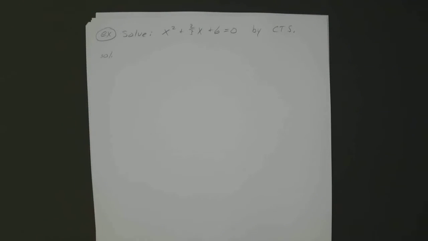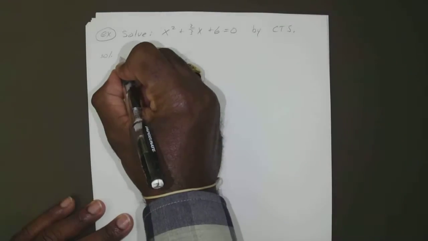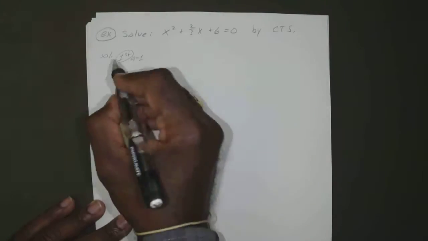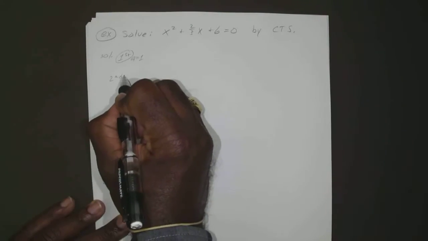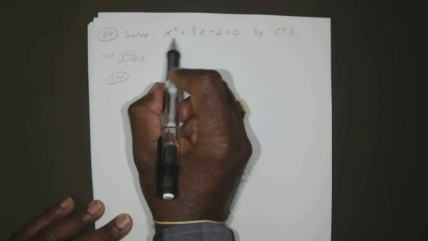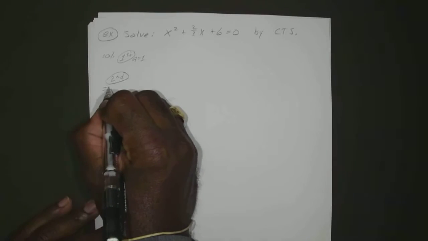Now we know our A is equal to 1 here, so we don't have to worry about step 1. So we just go right to the second step. Okay. So we isolate our x terms.